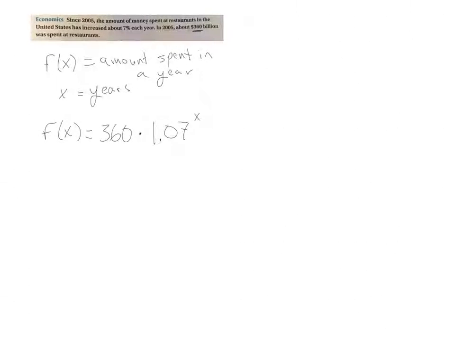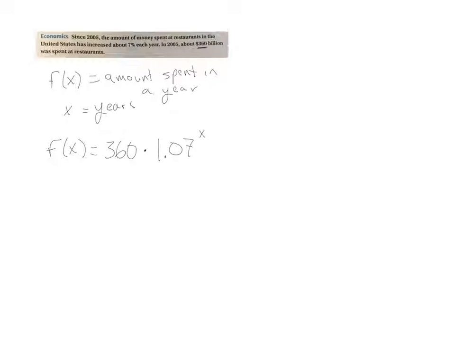The question was, moving forward, if the trend continues. So this question isn't on here, but the question that we want to ask ourselves is, if the trend continues, about how much will be spent in restaurants by 2015? Well, that's 10 years later. So we're going to be plugging in 10 for x.